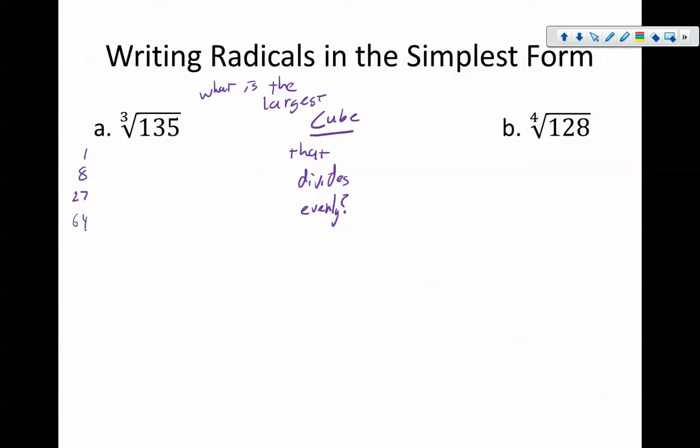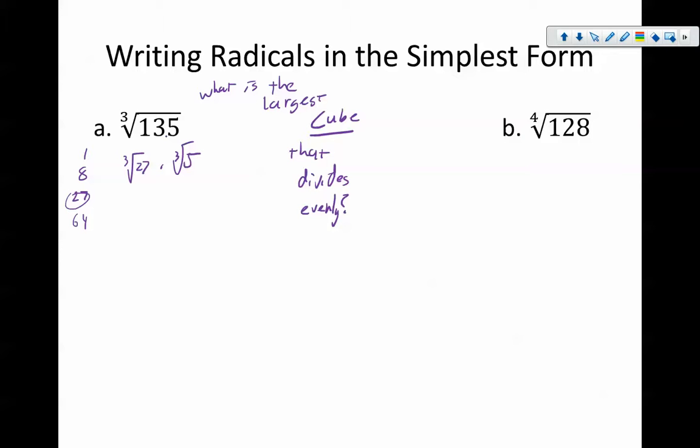So then we want to look at these. Do any of these ones that we've put up so far divide evenly into 135? So 135 divided by 64, no. 135 divided by 27, yeah, it does. 27 works. If you take the cube root of 27 and multiply it by the cube root of 5, you get the cube root of 135.